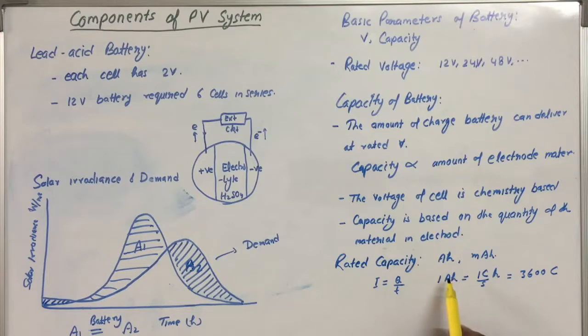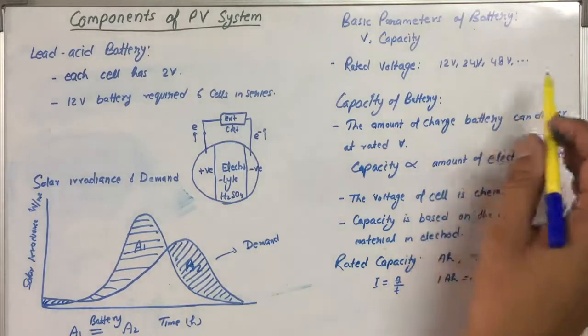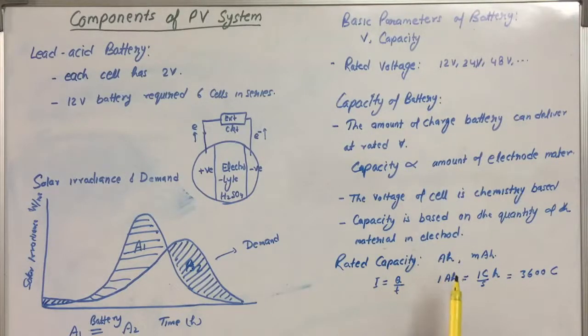Now, how do we calculate the energy capacity of the battery, knowing the voltage and battery capacity? The energy capacity of the battery is equal to the capacity of the battery times the voltage of the battery.